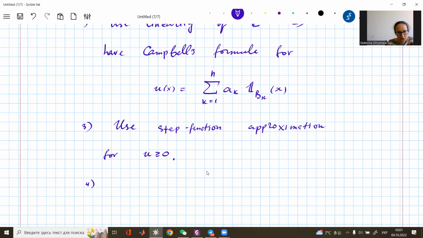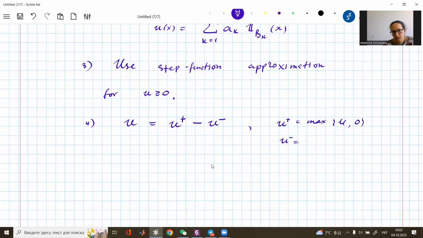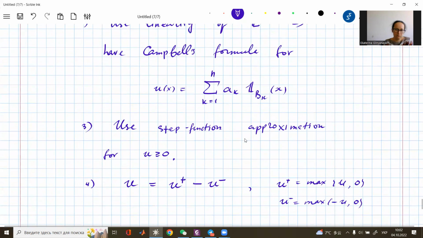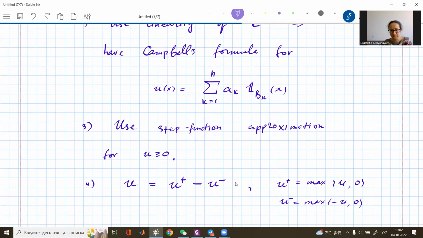And the fourth step is to represent the function u as the difference of its positive part and negative part, where u plus is the maximum of u and 0, and u minus is the maximum of minus u and 0. So these are known steps for how we can use approximation and then split into positive and negative parts.